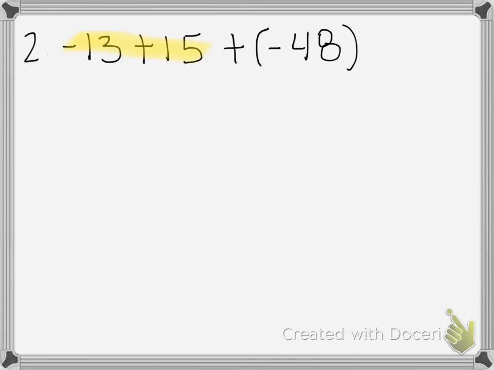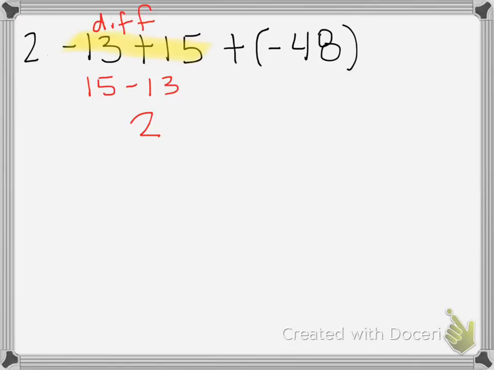That was my bad. So we're going to add left to right. The first ones we're going to add together are negative 13 and 15. They are different signs, so we subtract 15 minus 13, which gives me 2. Then I keep the sign of the bigger number. Which one's bigger, 13 or 15? 15's bigger. So we keep the positive 2.